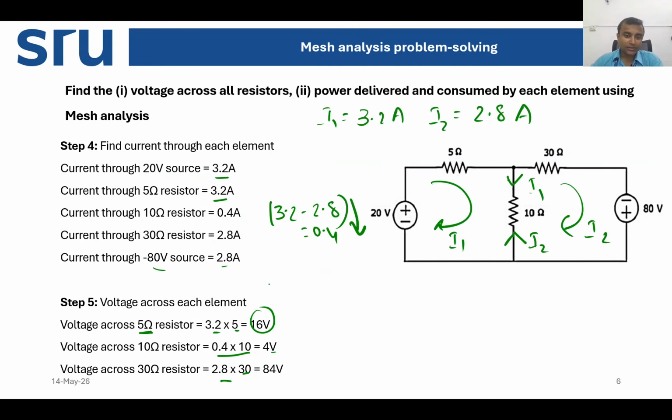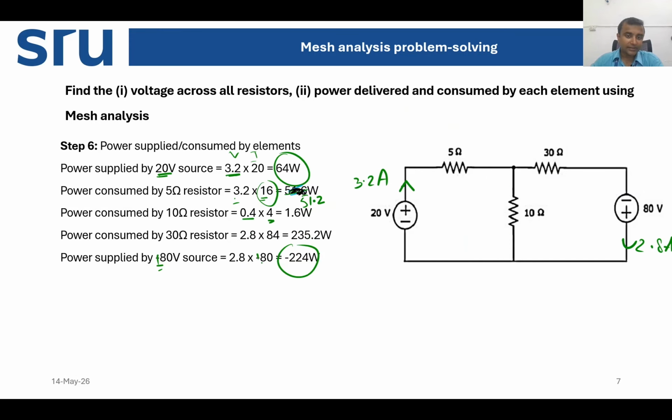The 30 ohm resistance has a voltage drop of 84 volt, and 2.8 ampere is running through it. So the power will be 84 times 2.8, which is 224 watt. Okay, so this is the power supplied and consumed by all the elements.